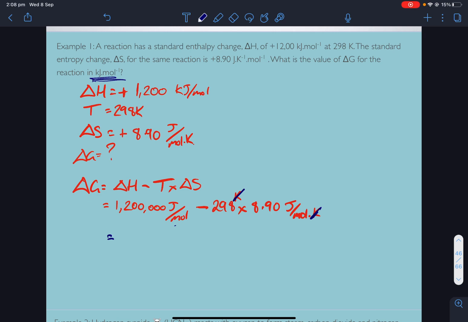So I want 1,200,000. Have I calculated that correctly? Hopefully, minus 298 times 8.9. And I get an awful lot. I get positive 1,197,347.8 joules per mole, or divided by 1,000, 1,197 kilojoules per mole.